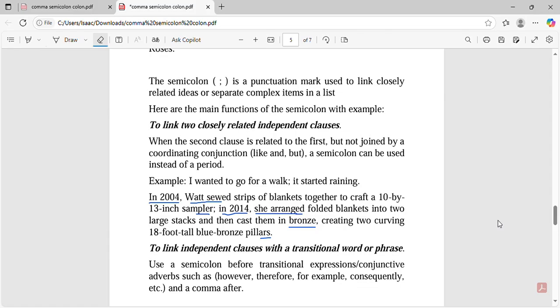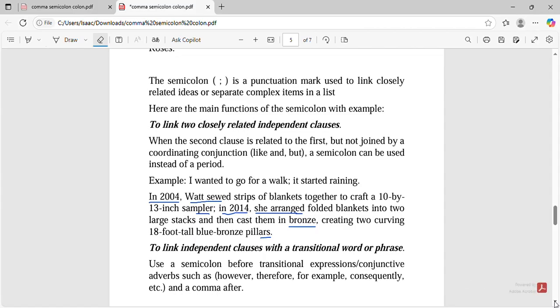There are a lot of examples of conjunctive adverbs, some of which are however, therefore, hence, in fact, consequently, although, and so on and so forth. You can just look them up on the internet. If you use a conjunctive adverb plus a semicolon, then you can link together two independent clauses. These clauses need not be closely related, but they will have a relationship.